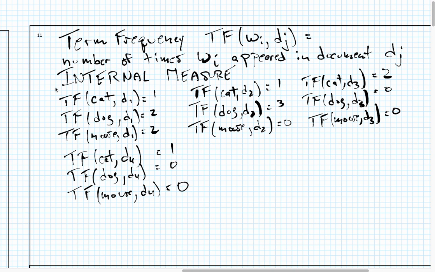Now what we do is we come up with one more thing here. And again, I want to reiterate, remember, this is an internal measure, which means that for any word we have to also specify a document. Notice the term frequency of cat in D1 could be different than the term frequency of cat in D3. This is document dependent, whereas the inverse document frequency isn't.